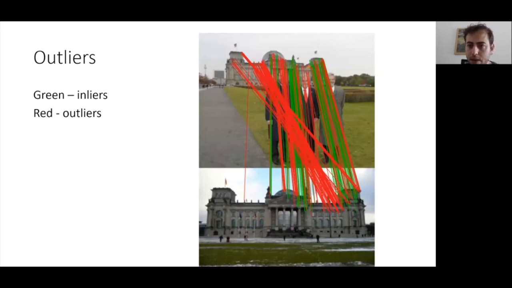Correspondences that are completely wrong. It's not just Gaussian noise, just wrong correspondence. Like here, you see that it matched this corner with this corner, or this point with this point. And it happens a lot where there is a repetitive structure in the scene. So outliers are a real problem in fundamental matrix estimation.